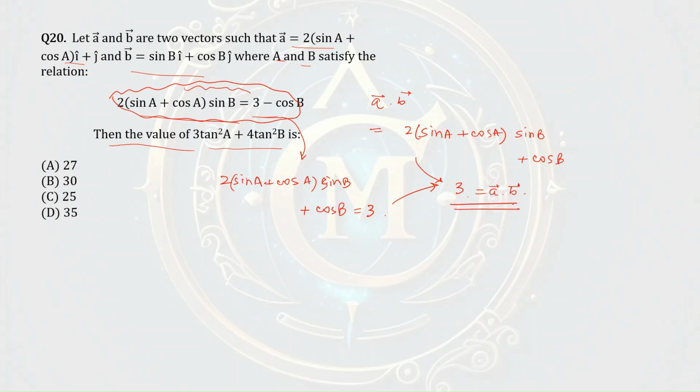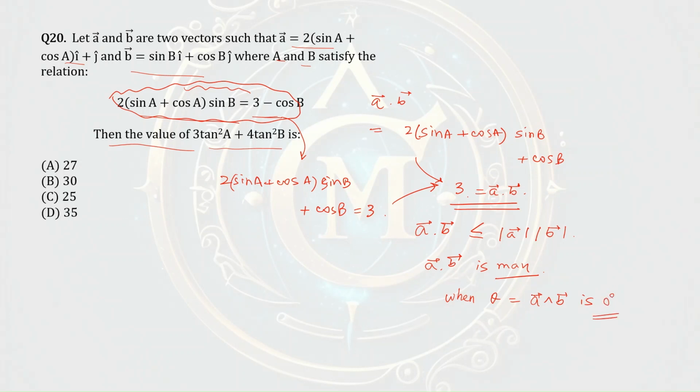Now here comes an interesting point. We know that A dot B can take the maximum value, which is equal to modulus of A times modulus of B, and A dot B is maximum when theta, that is the angle between A vector and B vector, is 0 degree.